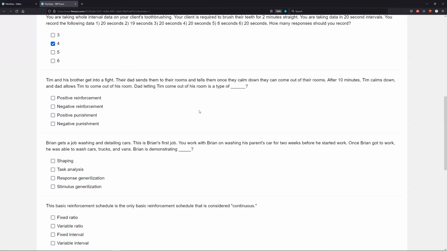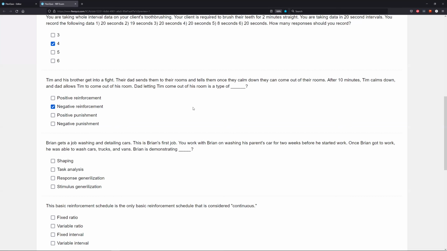Tim calms down, and we reinforce by letting him escape the room. What type of punishment or reinforcement is known as escape? Is that positive reinforcement? Well, no, because with positive reinforcement we're adding something. Is it negative reinforcement? Yes, escape is a type of negative reinforcement.